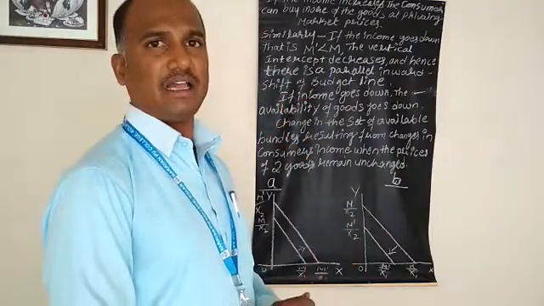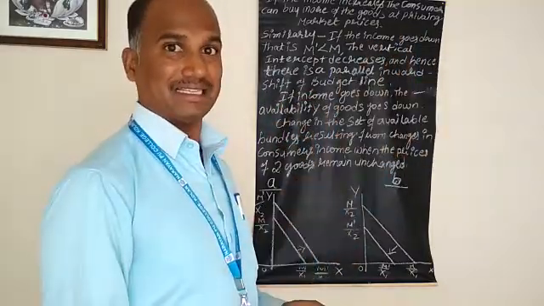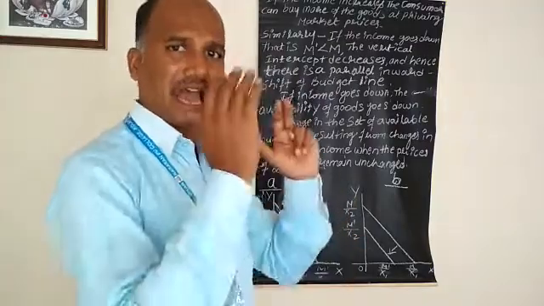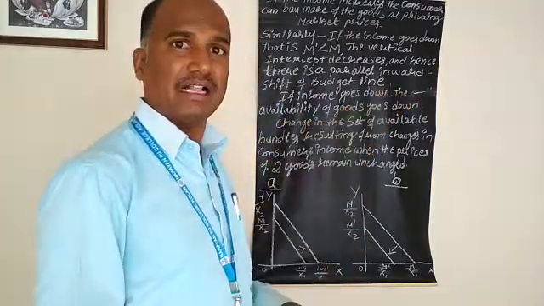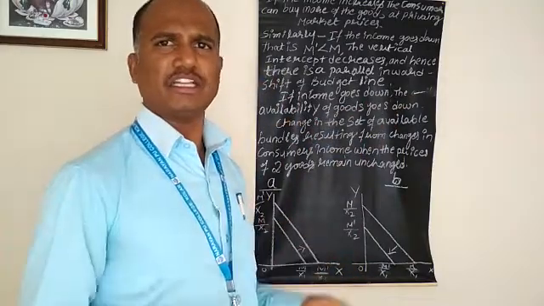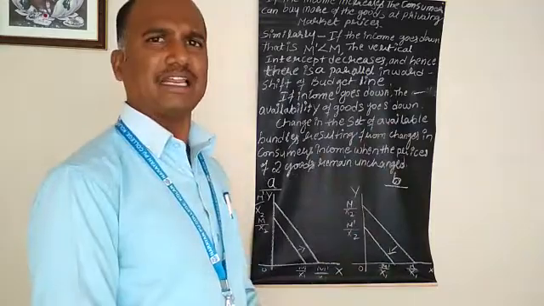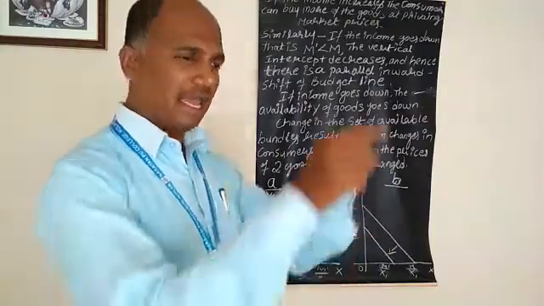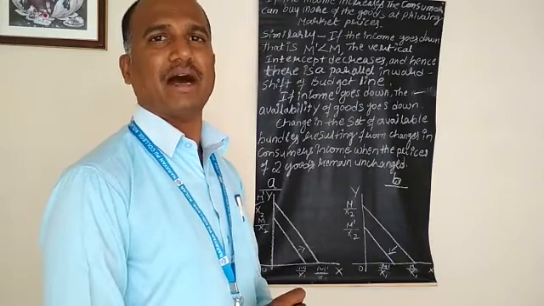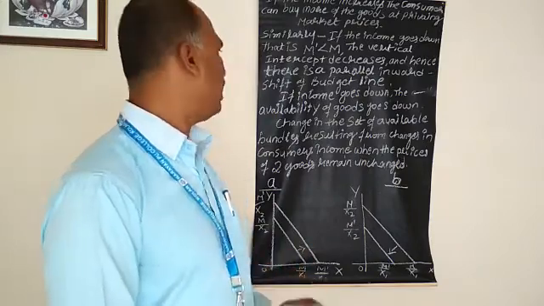In this case, when the income of the consumer decreases, the consumer can buy fewer bundles of goods and services at prevailing market prices. This is a general thing: if our income decreases, we buy a smaller quantity of goods and services at prevailing market prices.